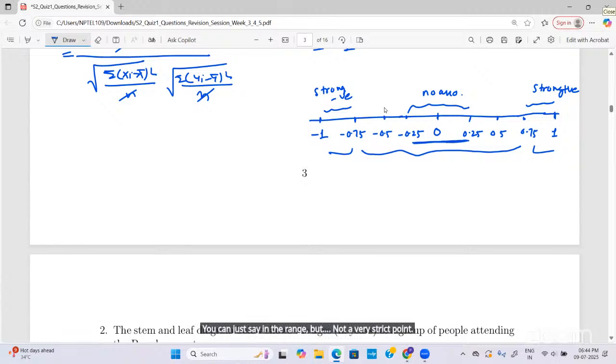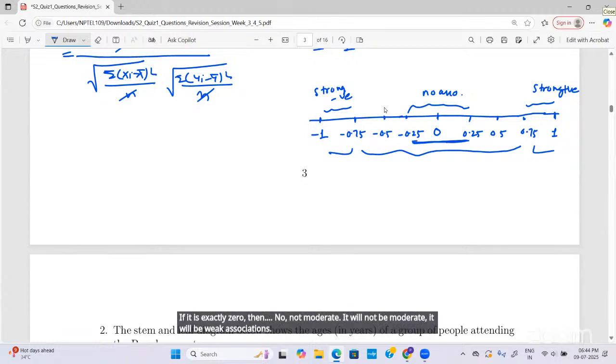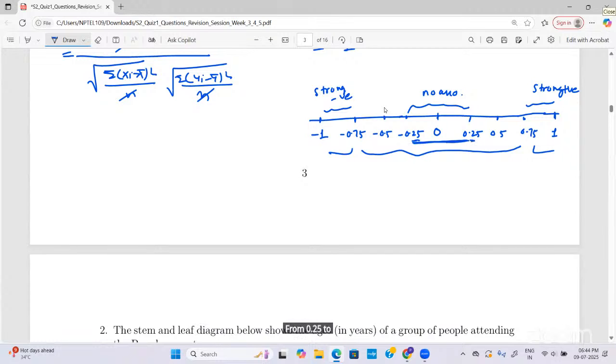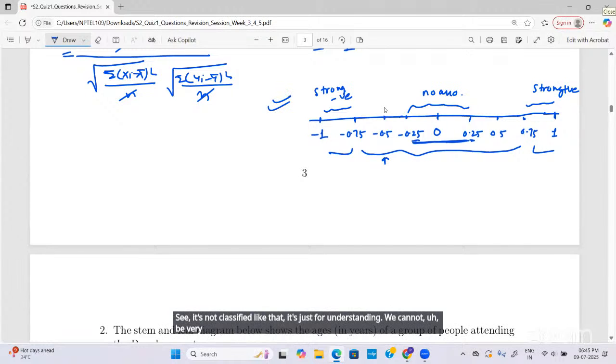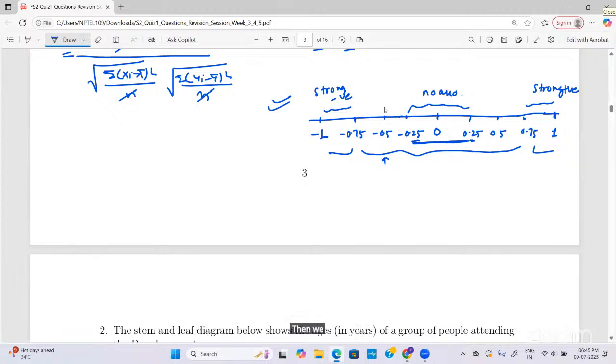If it is 0.25 to 0.75, not moderate, it will be weak association from 0.25 to 0.5. See, it's not classified like that. It's just for understanding. We cannot be very strict with the values, that if it is in this range, then we will say like this.